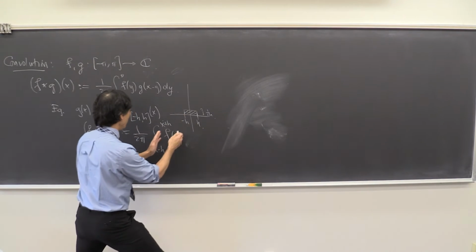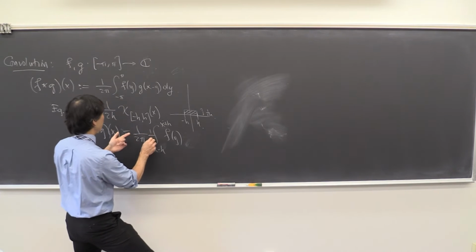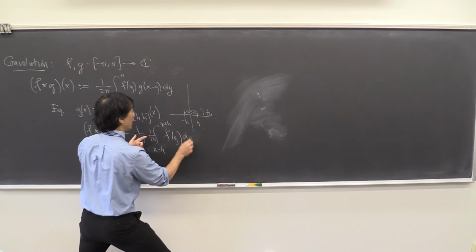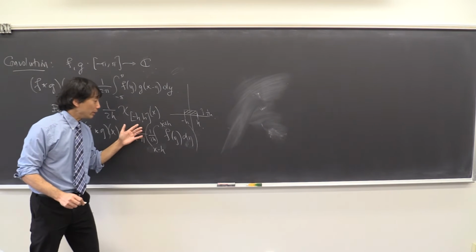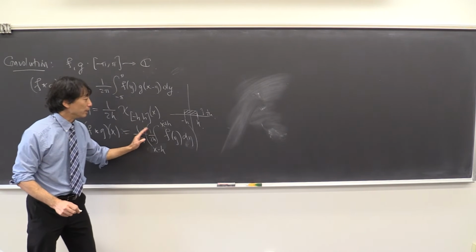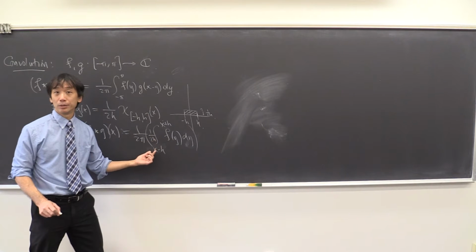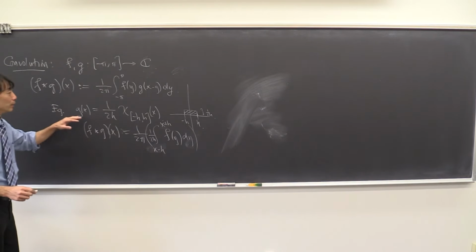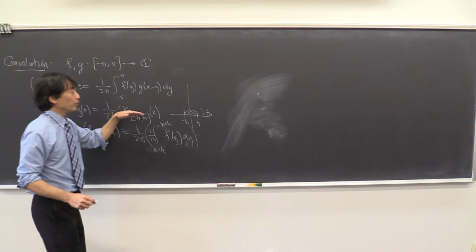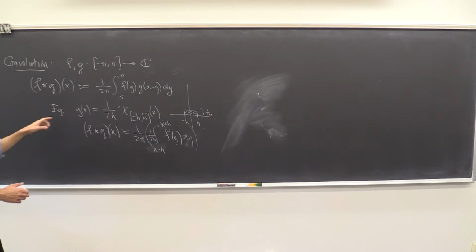Assuming that h is small enough that we're in the interval, say. Okay, and then we get this 1 over 2h thing, and we get dy, right? So ignoring the 1 over 2 pi for a second, it's just a constant. What we're doing is we're averaging the function over the interval centered at x. Okay, that's how you want to think about the convolution operator: we're doing some sort of averaging of the function.